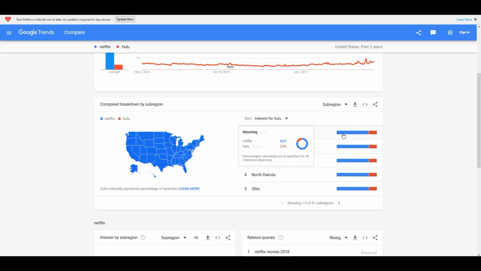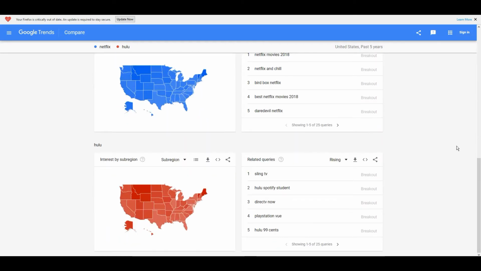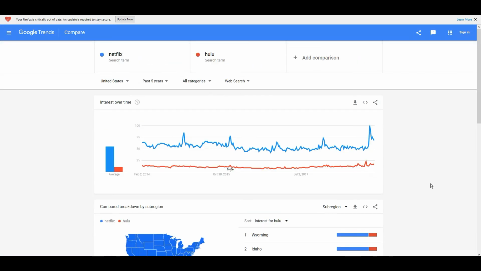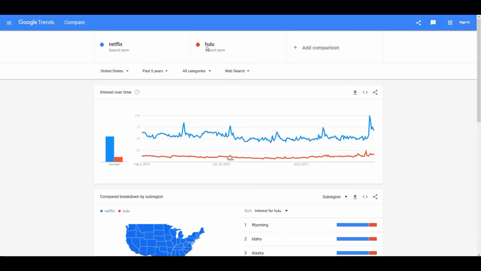I don't mean that the total searches in Wyoming were 80% about Netflix. And then you see related queries here. Sling TV, Hulu, Spotify Student, DirecTV Now, PlayStation Vue, Hulu 99 cents, all those terms relating to some sort of streaming TV thing, right? So anyhow, this is the gist of how you can use Google Trends.